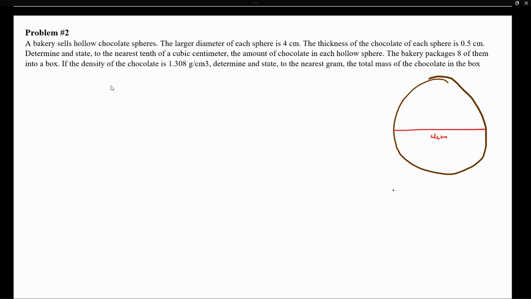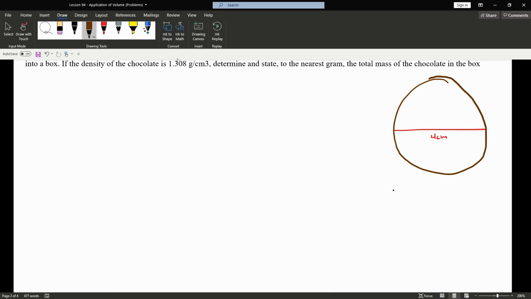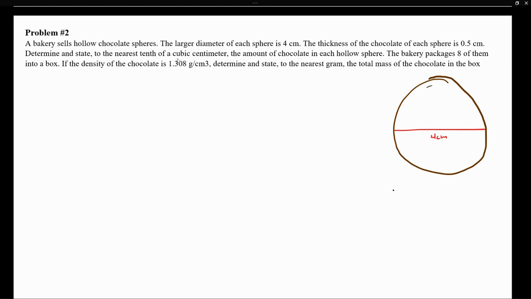We also know that the thickness of the chocolate of each sphere is 0.5 centimeters. So if we got our chocolate sphere, we know that at least the thickness of it, very bad sphere, but I hope you get the idea here.